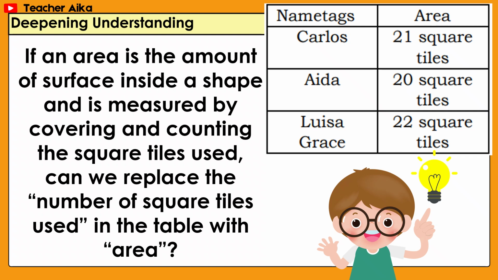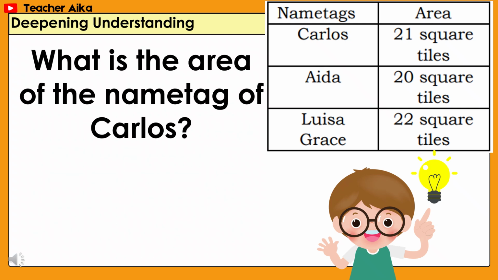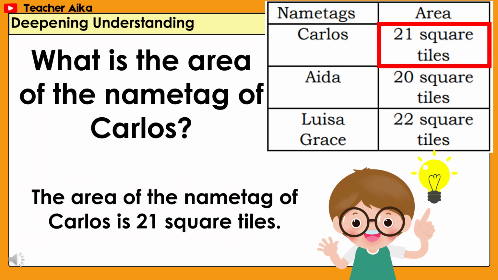Let's have the table a while ago. Name tags: Carlos. Area: 21 square tiles. Aida: 20 square tiles. Luisa Grace: 22 square tiles. What is the area of the name tag of Carlos? Answer: the area of the name tag of Carlos is 21 square tiles.